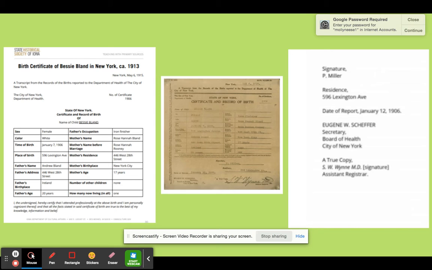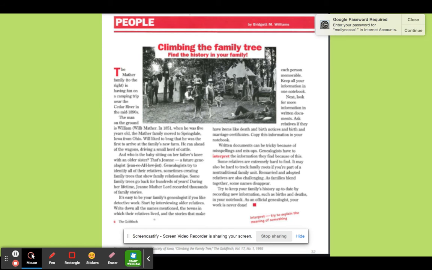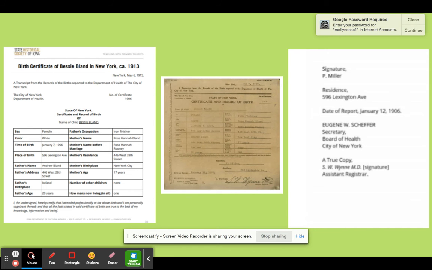So when everybody is born, they have this document that's called a birth certificate. All right, and this gives information about the people that help tell a person's story. So on this birth certificate, we can already identify some people who helped tell Bessie's story. Her father and her mother helped tell her story.